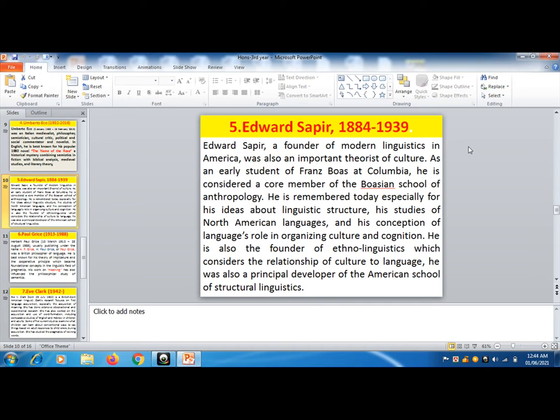He is remembered today especially for his ideas about linguistic structure, his studies of North American languages, and his conception of language's role in organizing culture and cognition. He is also the founder of ethnolinguistics, which considers the relationship of culture to language. He was also a principal developer of the American School of Structural Linguistics.